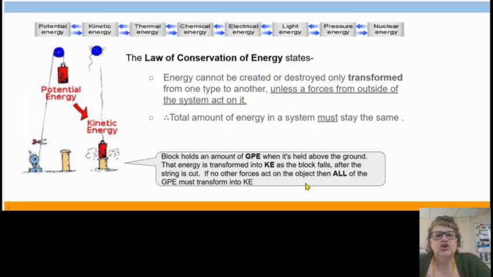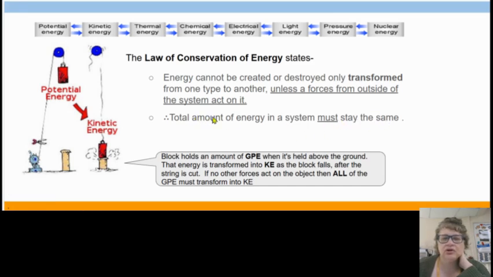We already went through the law of conservation of energy, but I'm going to read it one more time. Energy cannot be created or destroyed, only transformed from one type to another, unless a force from outside of the system acts on it. What does this mean is what's important. Therefore, the total amount of energy in a system must stay the same.